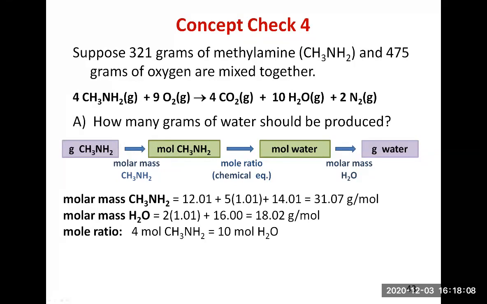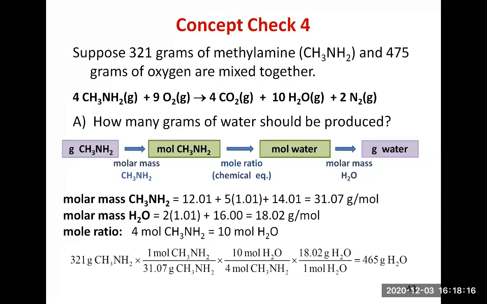So now we are ready to do the full calculation. And the calculation will start with the given amount of methylamine. So 321 grams of methylamine. That's the given amount. You multiply that by the first conversion factor. The first conversion factor comes from the molar mass of methylamine, and it's written such that the grams of methylamine are on the bottom and the 1 mole of methylamine is on top.